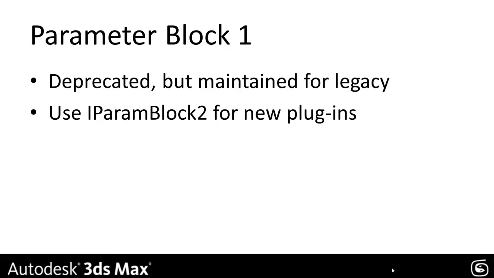As you've probably seen already in the C++ SDK sample code, there are many forms of the older parameter block and the IParamArray. But going forward, the plugin wizard will create iParamBlock2, and if you're creating any new plugins, even if you're using the sample code from an existing plugin that's using ParamBlock1, I encourage you to update it to iParamBlock2, just so you don't have any trouble. iParamBlock2 is much more efficient and easier to use. It's the current way of building parameter blocks.